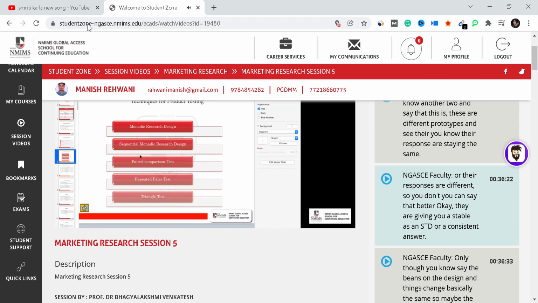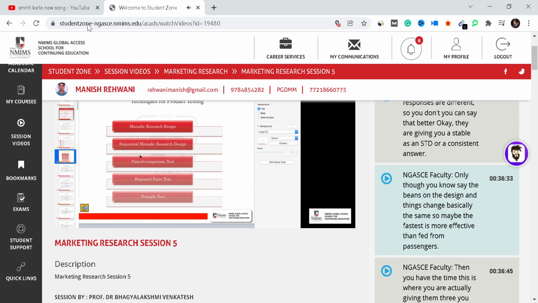So you can say whether they are giving you a stable, steady or consistent answer. Only the outside paint or design will change a little bit. Basically, it will be the same product. So repeated pairs test is more effective than paired comparison test.